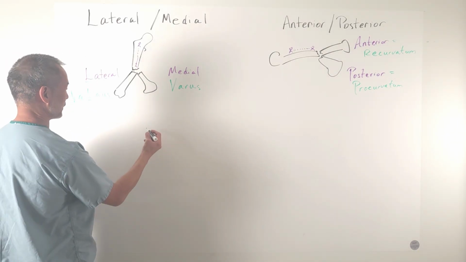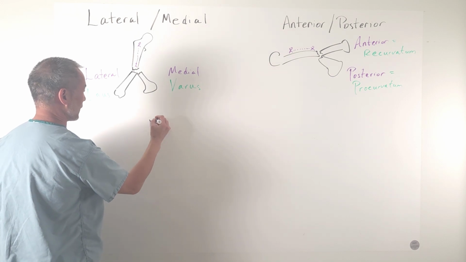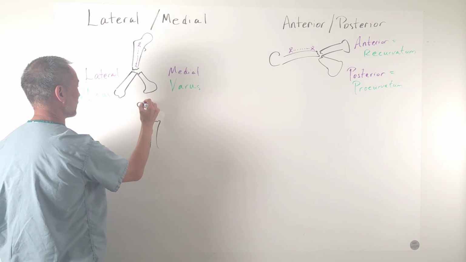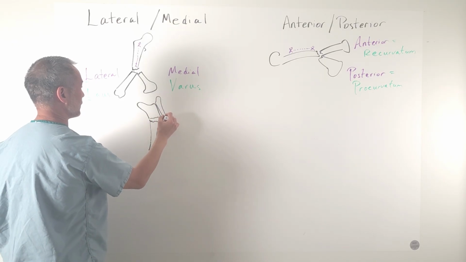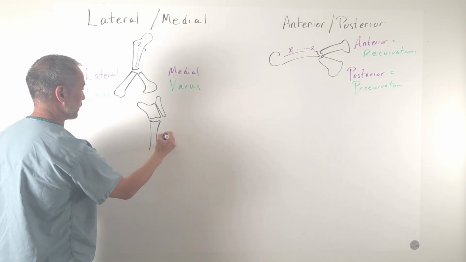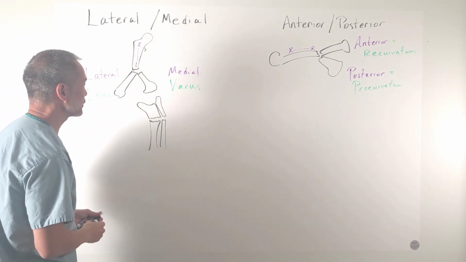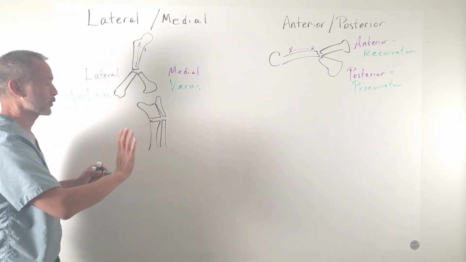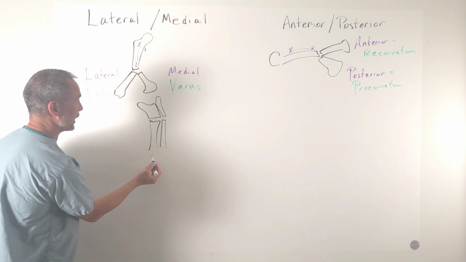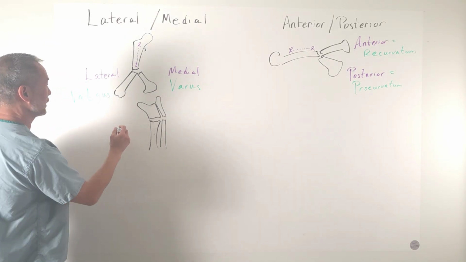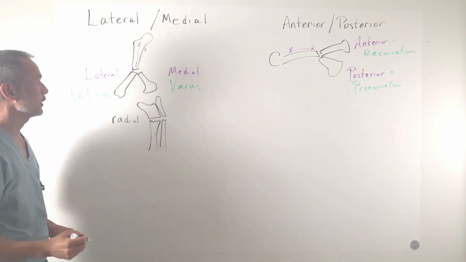ulnar angulation. So let's draw a radius, for example. Let's say it fractures this way. And this is the fracture. And again, what's also convenient is that it doesn't matter if this is your left or a right upper extremity. If it angulates towards the radius, we're going to call this radial angulation.